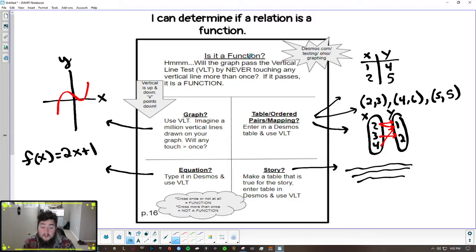Finally, for story problems, we're first going to have to make a table, enter it in Desmos, and use the vertical line test. We're going to have a bunch of practice. Before I move on to the next slide, make sure you know how to go to Desmos, desmos.com/testing/Ohio/graphing. We're going to be using a lot of Desmos to determine functions.